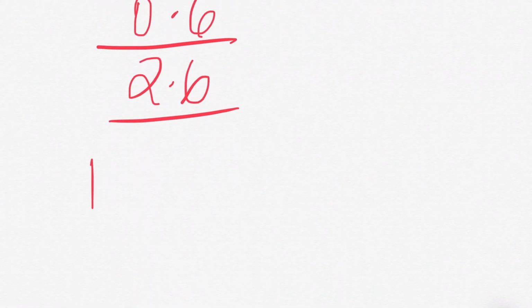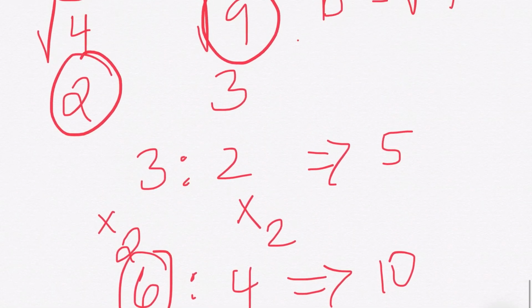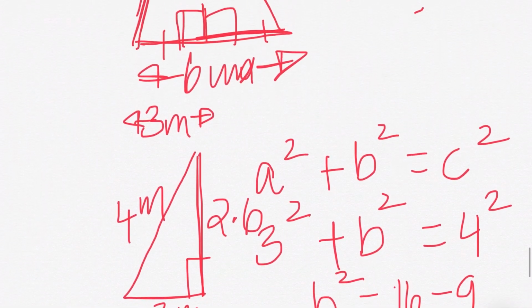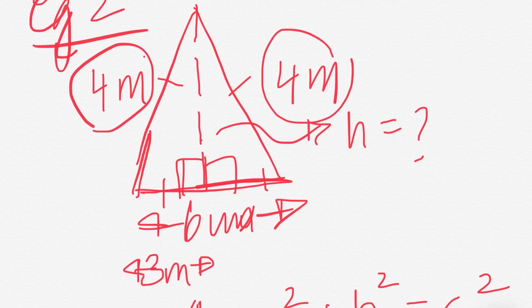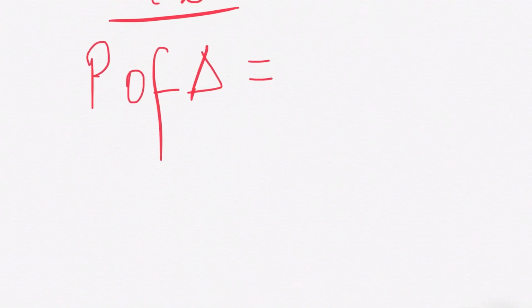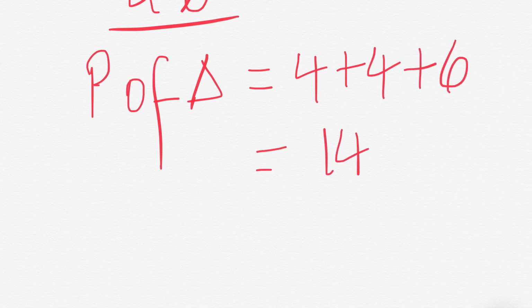Now, for the perimeter of the triangle, we are going to add the 3 outside sides or lengths of this triangle. That will give us 4 plus 4 plus 6, which is 14 meters.